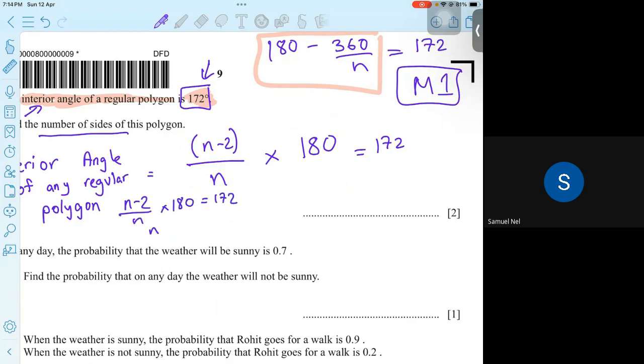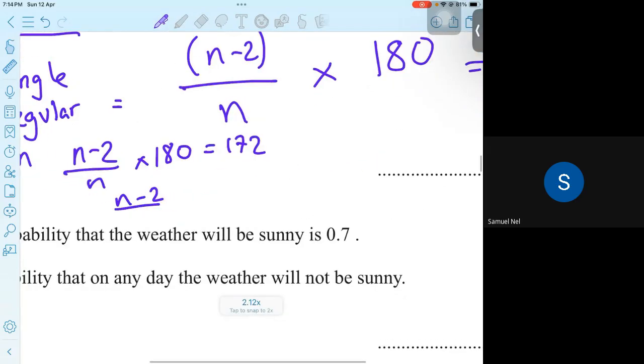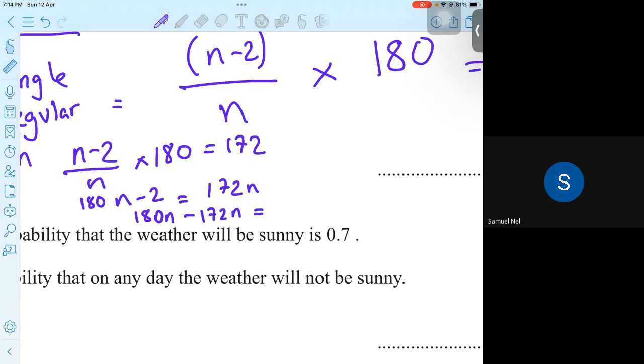And then (n minus 2) over n is equal to 172 over 180. If I bring n to this side, I can also bring this 180 to this side. So I get 180n minus 172n equals... did we mess up anywhere? This is 180. Sorry, equal to 360. Yeah, my bad.